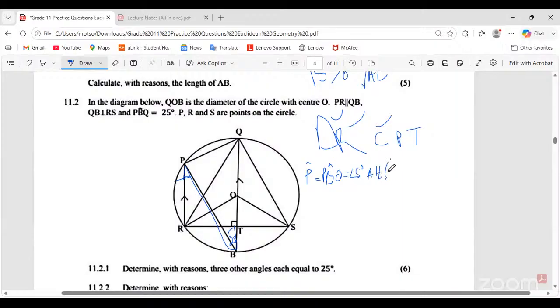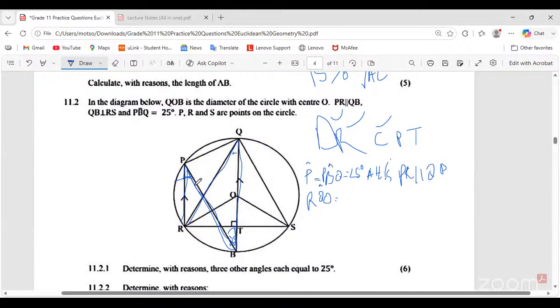Alternate angles. Why? Because PR is parallel to QB. We said this is our bow tie, right? Therefore, this angle will be equal to that angle. Now, angle R, Q, O is equal to that angle there.